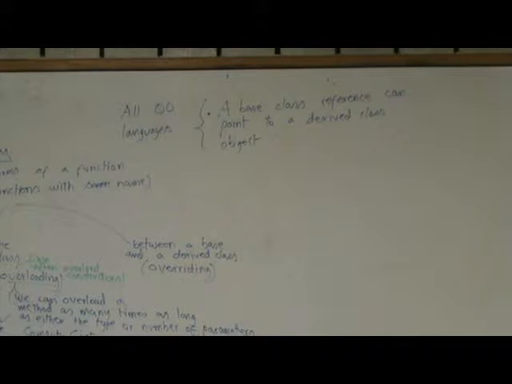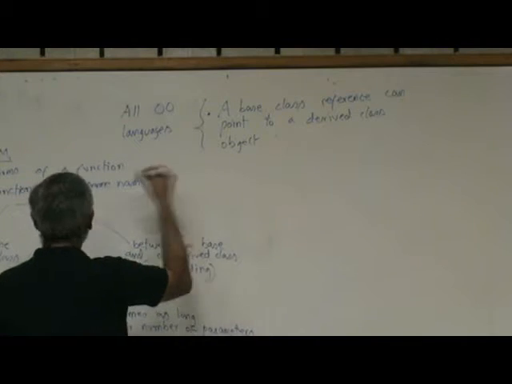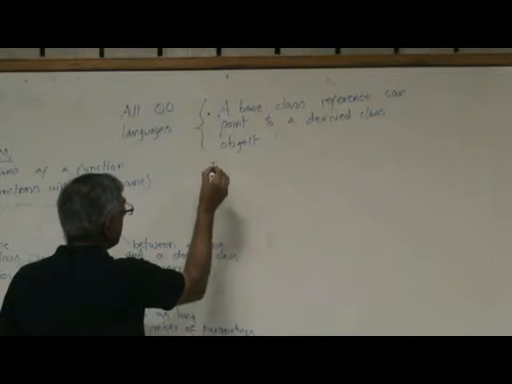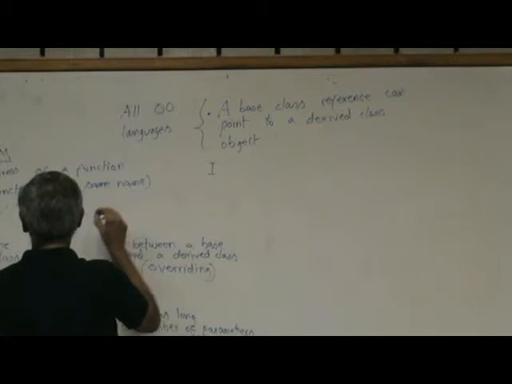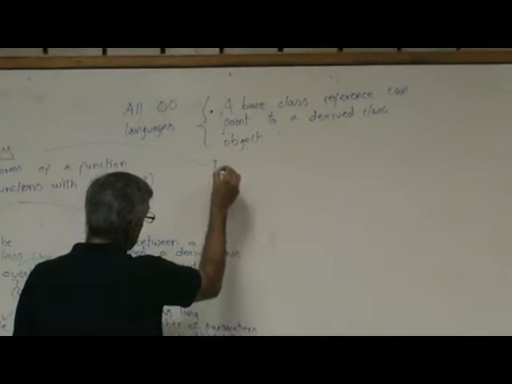Now coming to polymorphism, what it means over here is, so first let me describe it in plain English, then I'll give you examples. So in plain English, polymorphism occurs like this.